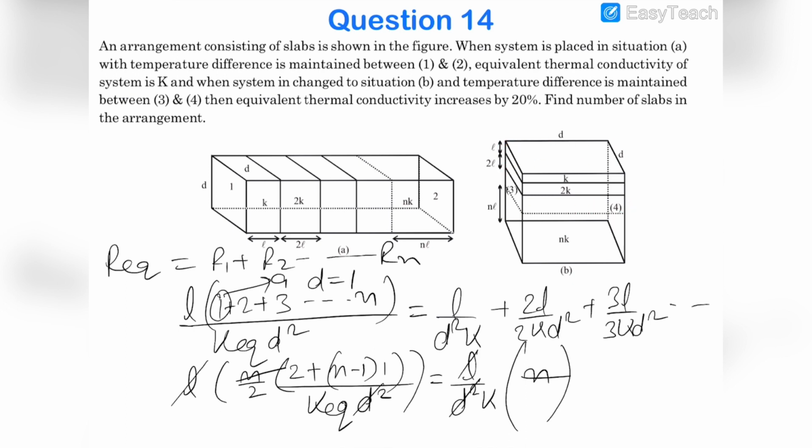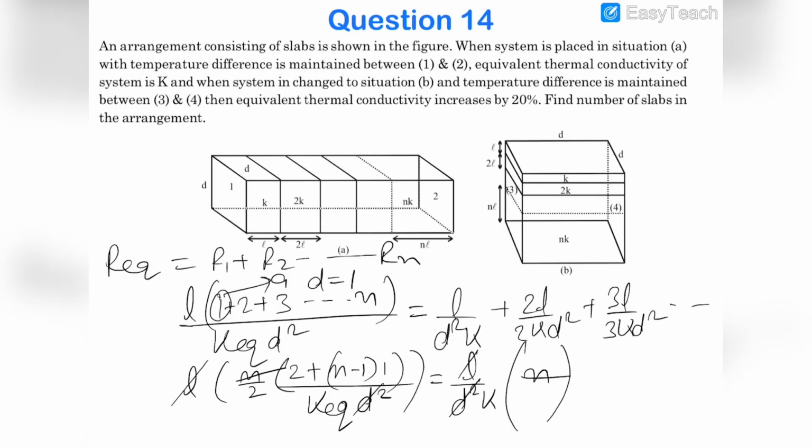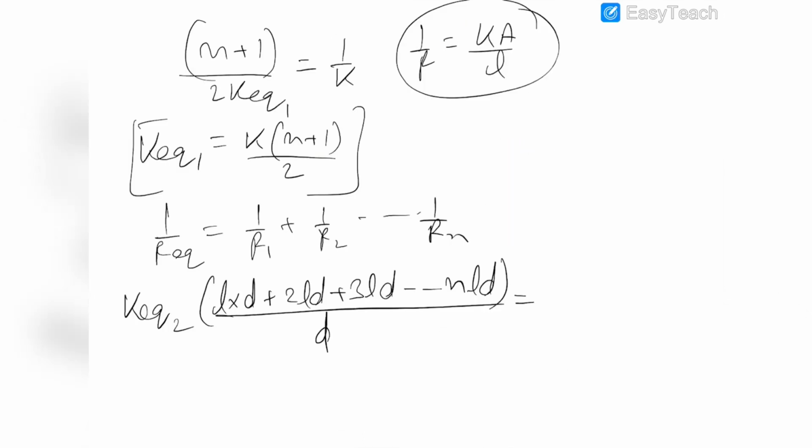So this length is D, so the length would be D, and it would be equal to 1 upon R1, which is this. So 1 upon R1 will be Ka by L. Now K is K for the first slab, area is L into D, and length is D.